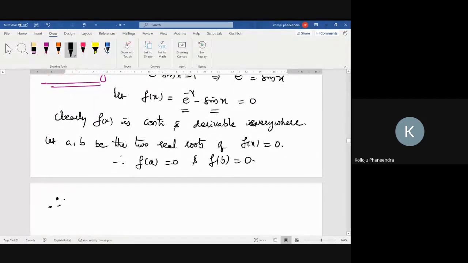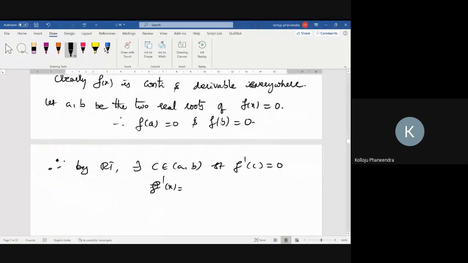Therefore, by Rolle's theorem, there exists c belonging to the open interval (a, b) such that f dash c equals 0. What is f dash c? Let us calculate. Let me write what f of x is.